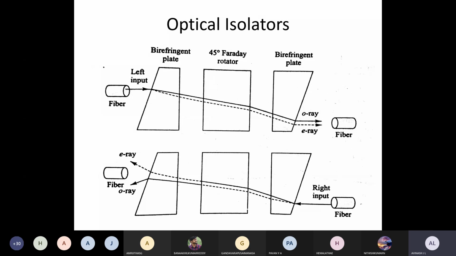When the two rays enter the 45-degree Faraday rotator, the two rays also get a 45-degree angle of deviation. And then at the birefringent plate at the end stage, there is no rotation; we are going to take the ray out of it.